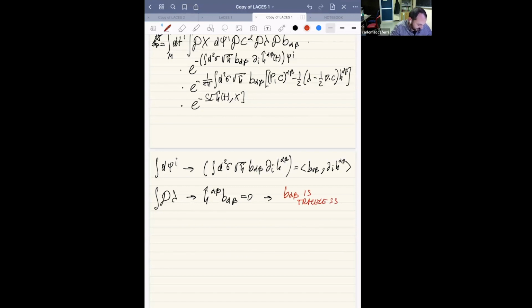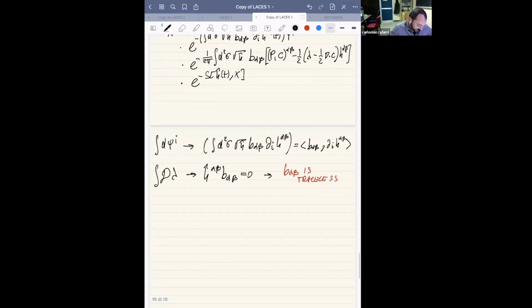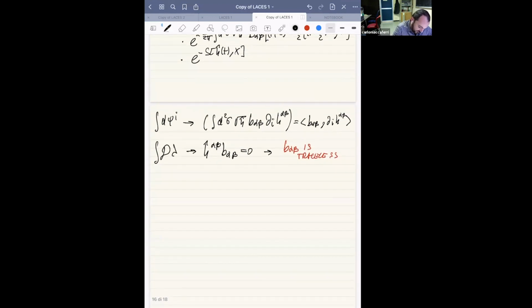Okay, so these were the simple operations that I can do on the Polyakov path integral. And therefore I am left finally, if now, just for the sake of glory, I restore the gauge invariant operators, which I completely ignored at the moment, I can write this at fixed genus.